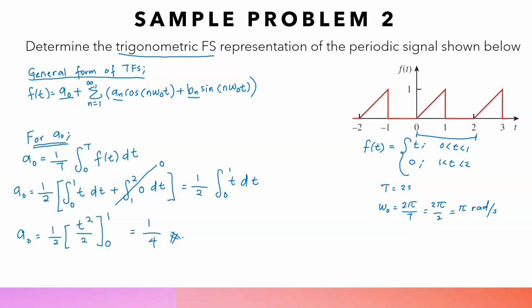coefficient is a n. So a n we can calculate using this formula: a n equals 2 over T integration over 1 period of f of t cos n omega naught t dt.